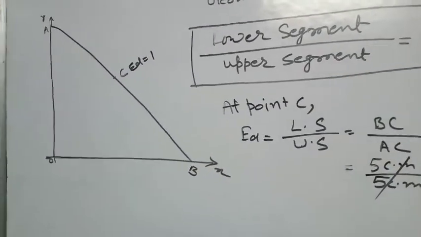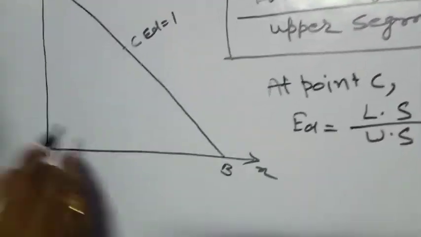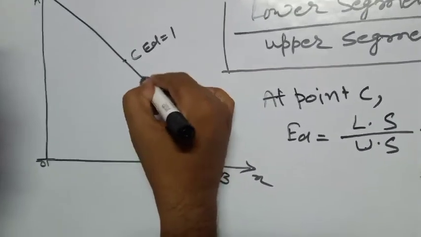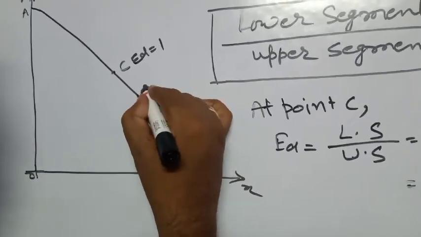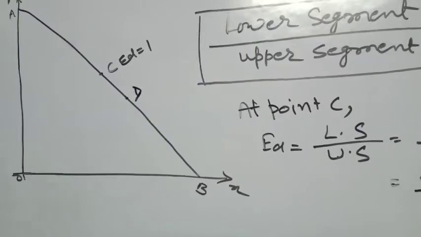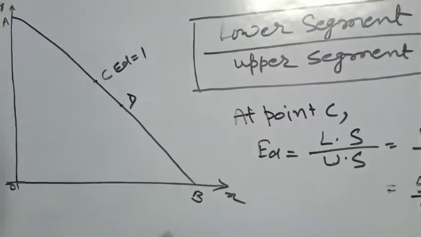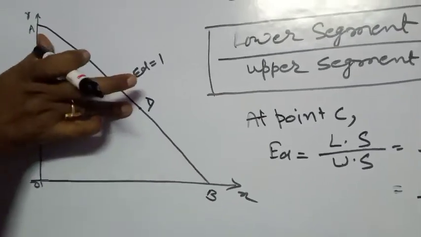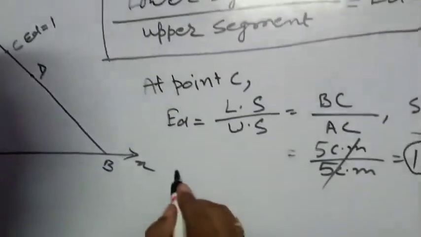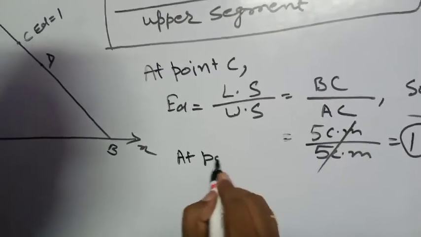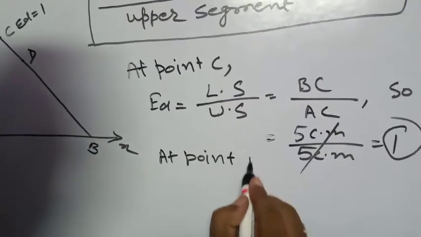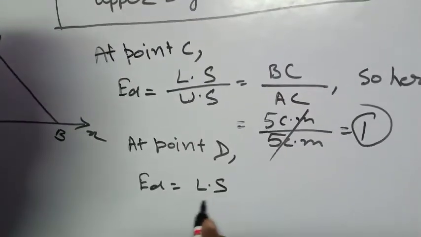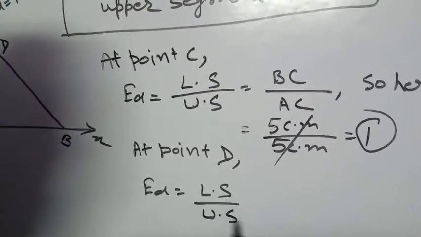Is it clear? Now if we come below the C point, like any point from the C, if we go to below, that is suppose D point. So at D point what will happen? So at D point, our lower segment has become smaller in respect of upper segment. So here at point D, ED is equal to lower segment divided by upper segment.